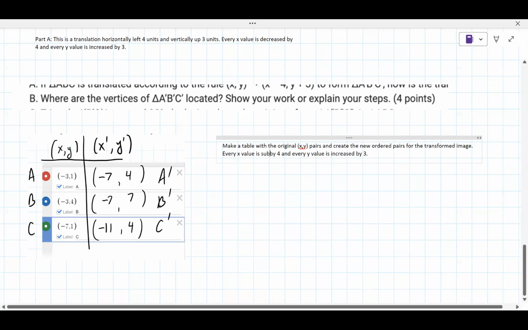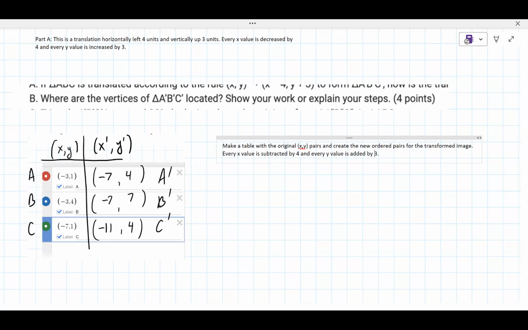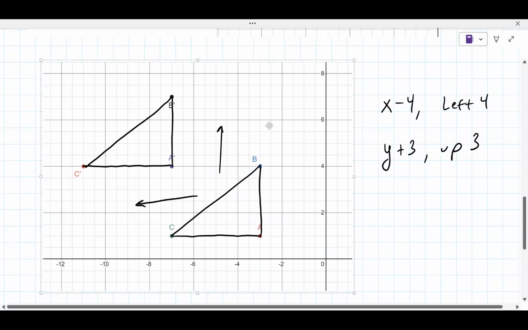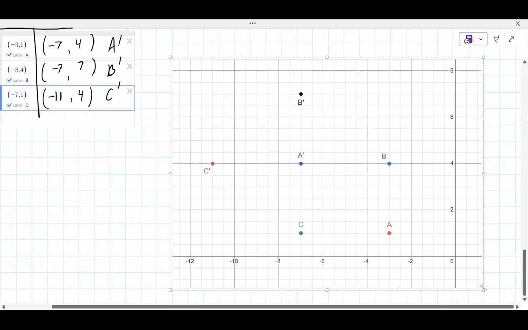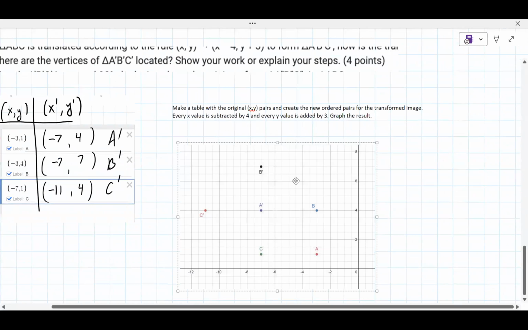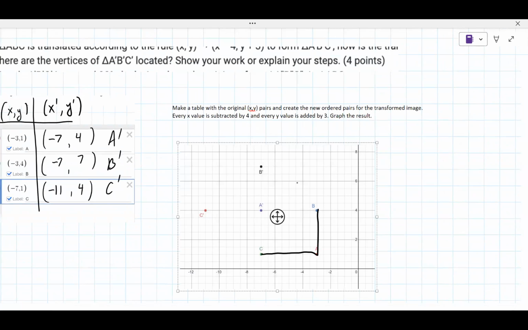Maybe you could just be more direct: subtracted by 4, and every y value is added by 3. And then you might just say that you graph the result and maybe show it. I think that's being that A+ student, so showing it here would be good.